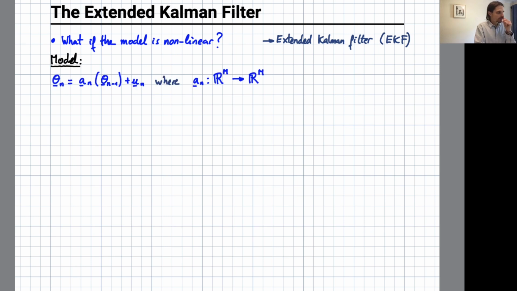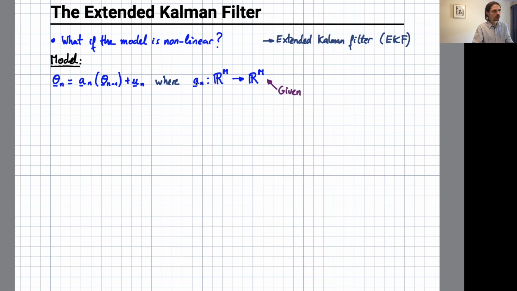So here the model is more general than before. The next state is a function of the previous state, but this function need not be linear as before. Note that it should be a function from R^m into R^m, because our state has m entries and it should return something of the same size as the state.